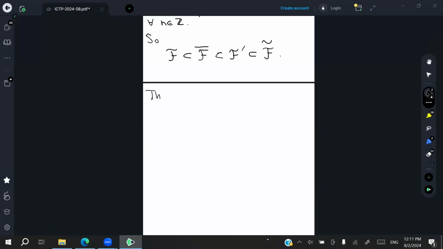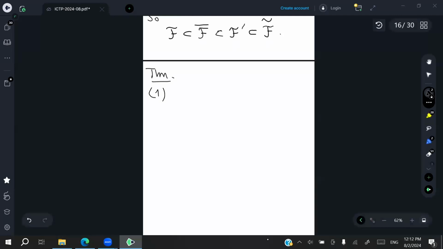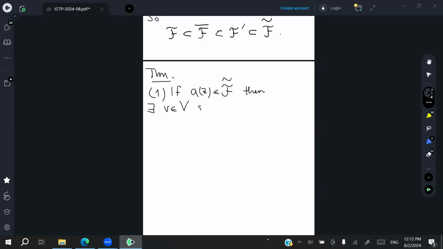Now, theorem, I'll say part one, if A(z) is any field in this big set, then there exists a vector v such that when we apply our field to the vacuum, we get e^{zT} v.